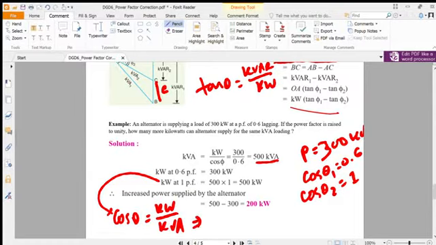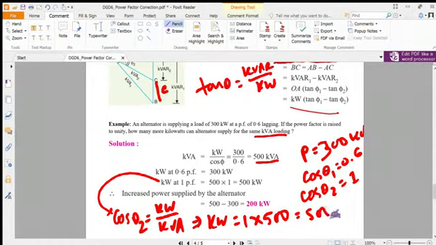So kilowatt is equal to cos theta times kVA. Now cos theta 2 is 1, into kVA for the same kVA loading. kVA is 500, so we'll get 500 kilowatt. So when the power factor is increased to 1 from 0.6, the additional power supplied by the alternator is 200 kilowatt. So we see that if the power factor is improved, then we get more real power.